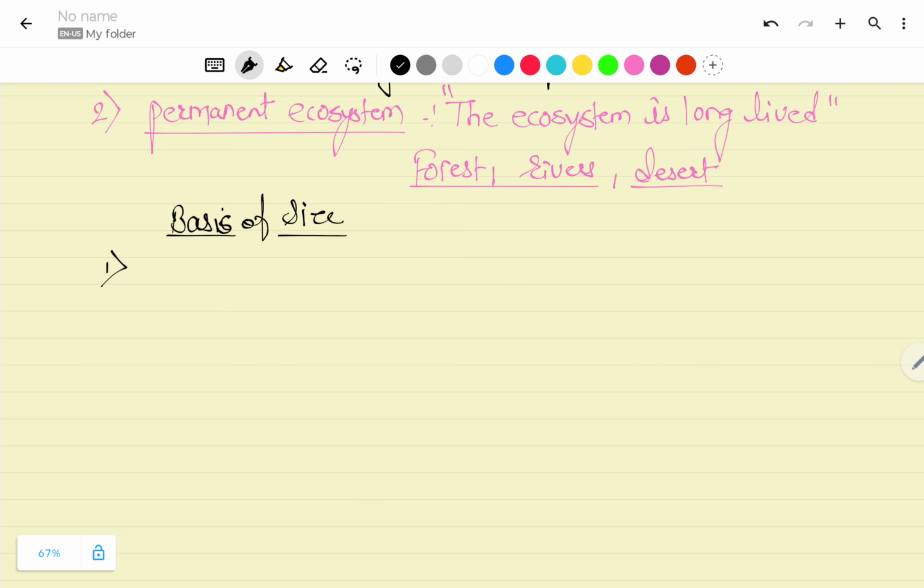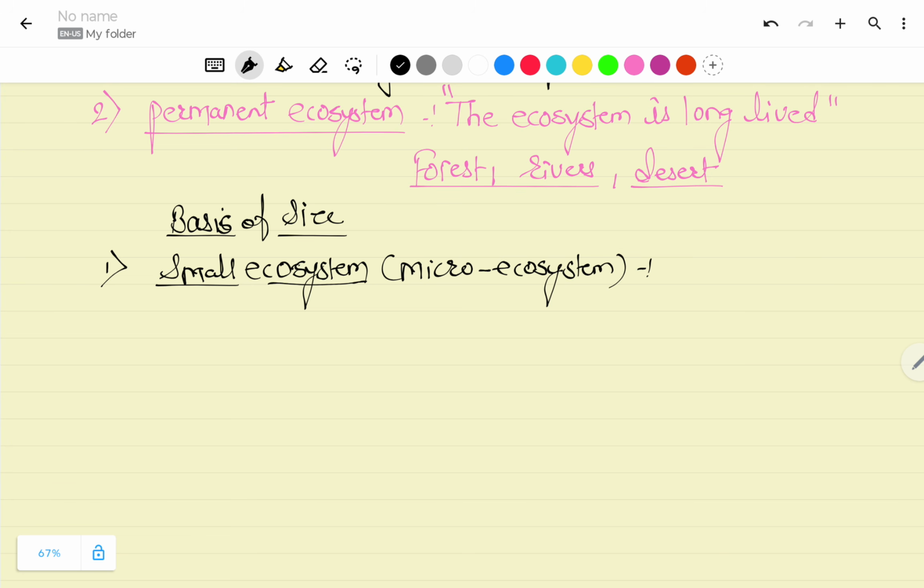The first is the small ecosystem, also called the micro ecosystem. The definition: the ecosystem is small in size.